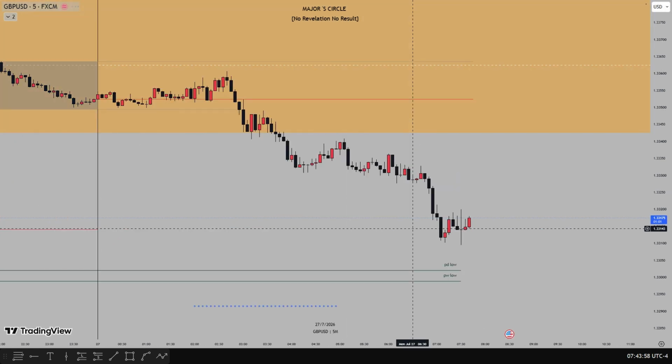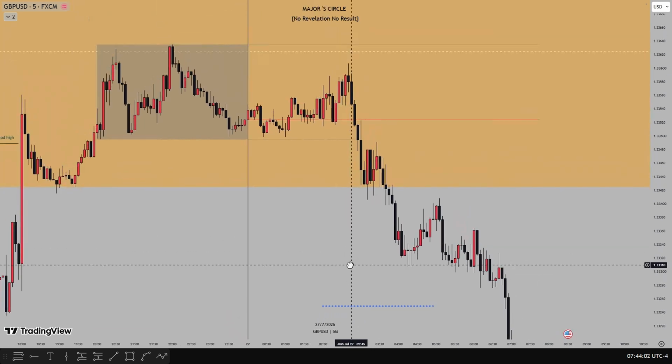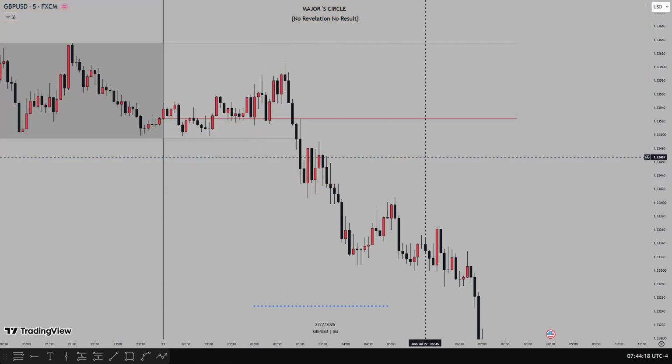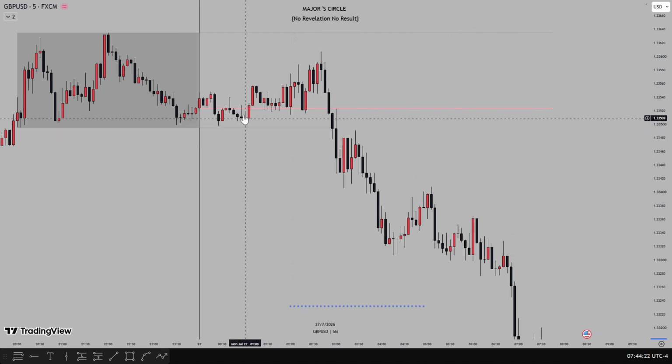The entry model that one would have used is found on the 5-minute time frame, where we have this price action, which was quite lethargic at this moment in time, but it finally gave up the ghost. So we can look at what transpired and the model that presented itself.